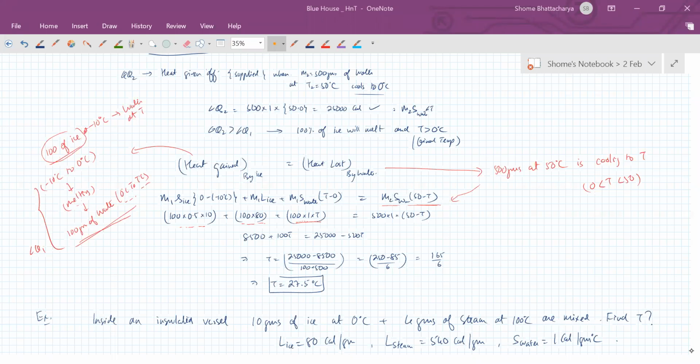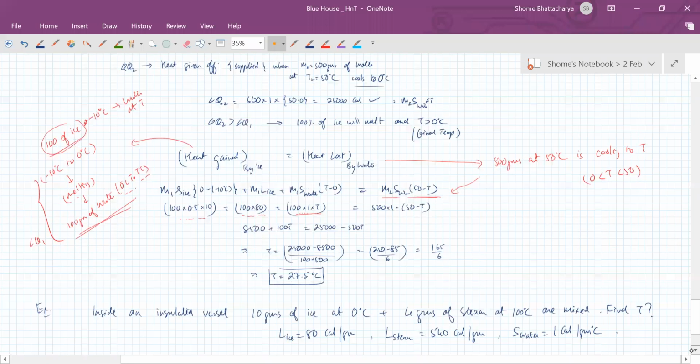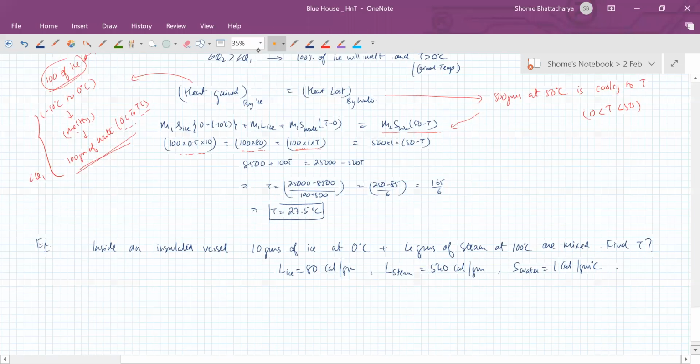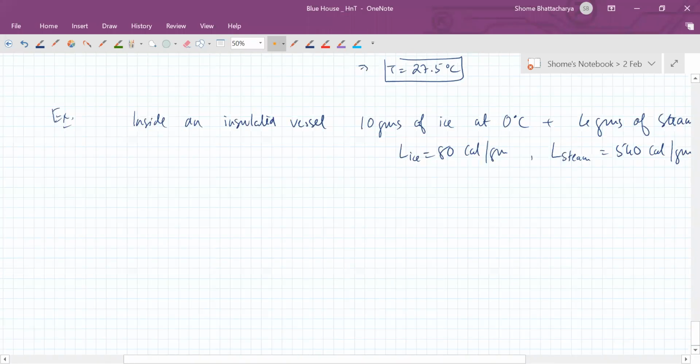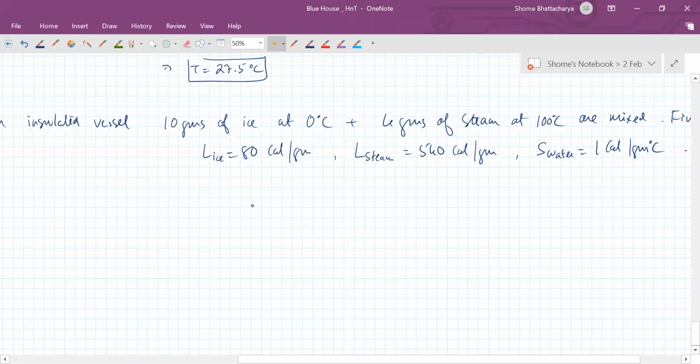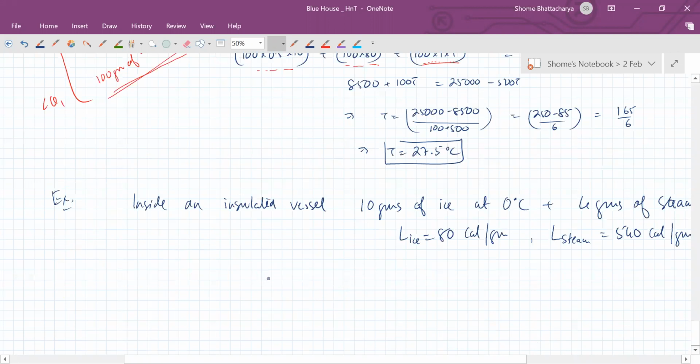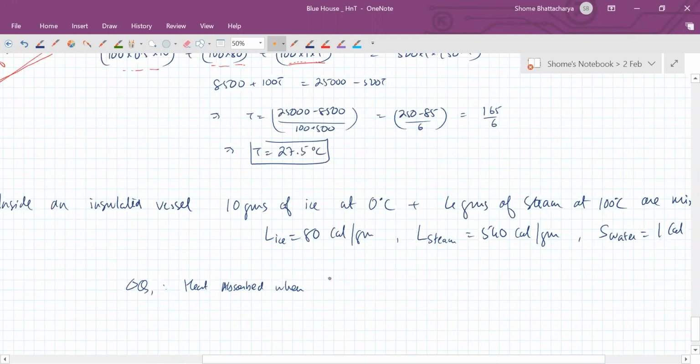Okay, let's understand the solution of this. So here, see what is happening is that to condense all the steam, how much heat you need to absorb. So let's see, delta Q1, heat absorbed when 4 grams of steam is condensed.